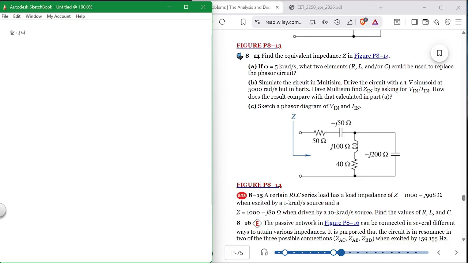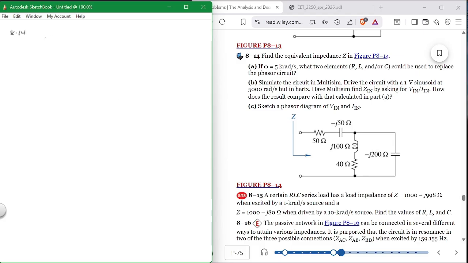Okay, so find the equivalent impedance here. I don't care about all the other stuff. Now in this one they give you the impedances; they don't make you calculate them, and I will do that.